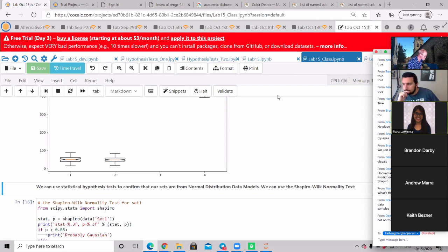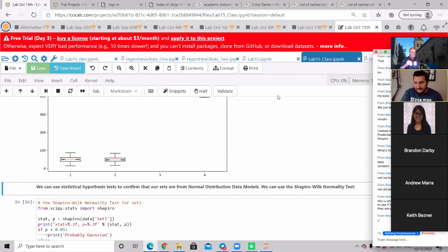Reject the null hypothesis. Yes, and as Dooley and Brandon are all, Brandon, this is not about similarity anymore. So Dooley's answer is also correct. We are checking for normal distribution. So the null hypothesis, the H0, is that the samples are following a normal distribution.